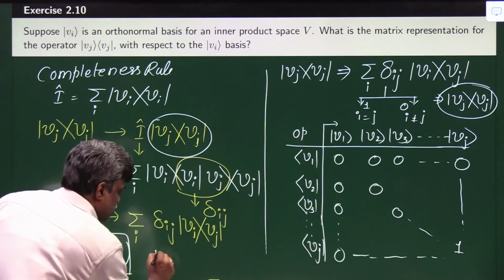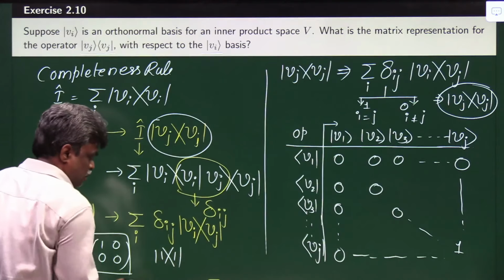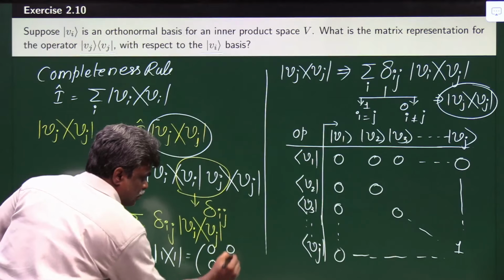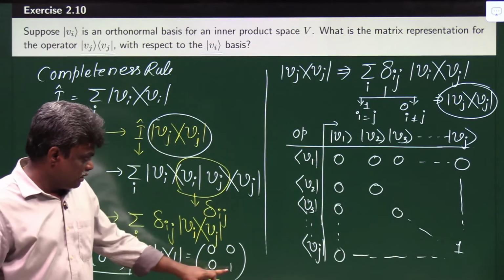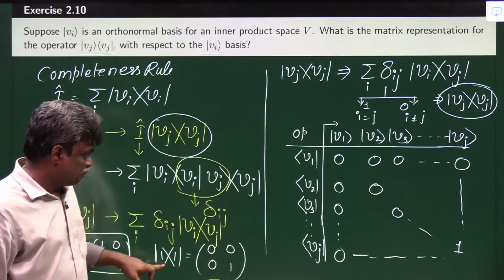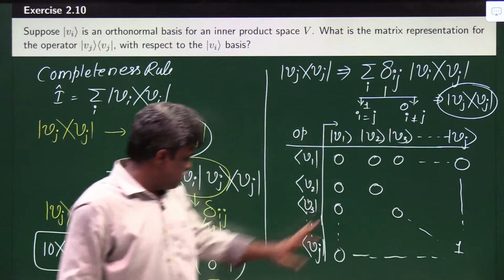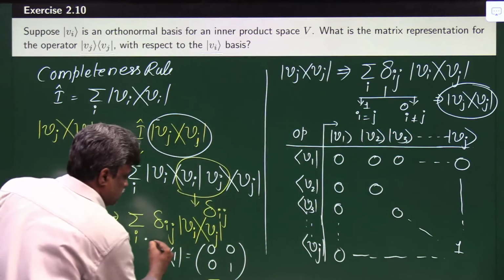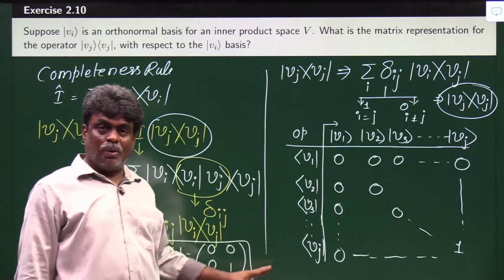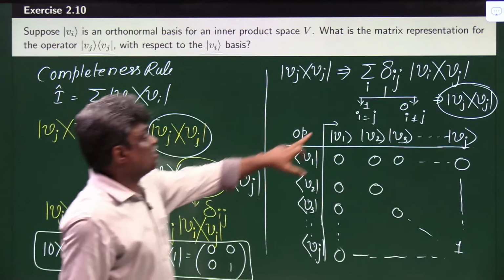And similarly, if you take the outer product |1⟩⟨1|, this is [[0, 0], [0, 1]]. So here only the element corresponding to ket 1 and bra 1 is 1. So if you have any confusion here, please see this example, you will get clarity. Only that element is 1 and the rest of the elements are 0.